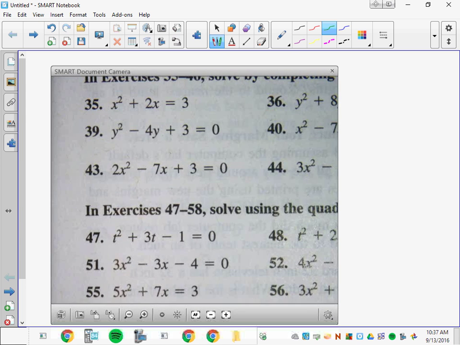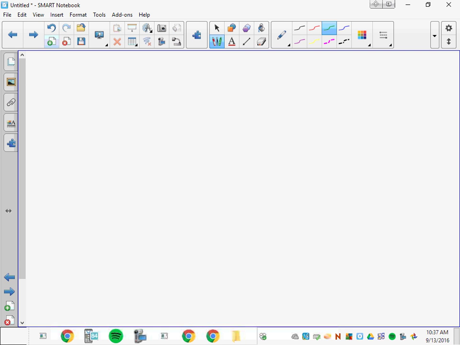So, not very often do quadratics factor as perfect square trinomials where you have, say, x plus 1 and then raise that binomial to the second. But for every quadratic, we can create what we call a perfect square trinomial and use the square root method to solve. Every perfect square trinomial follows the same pattern.